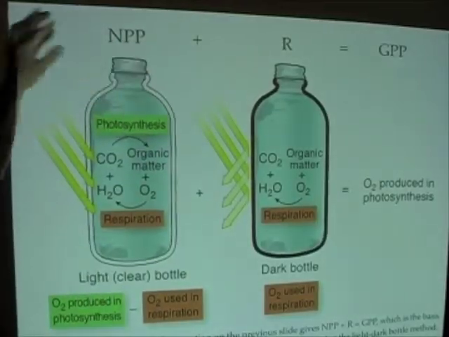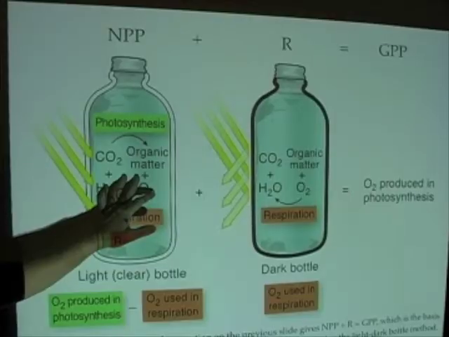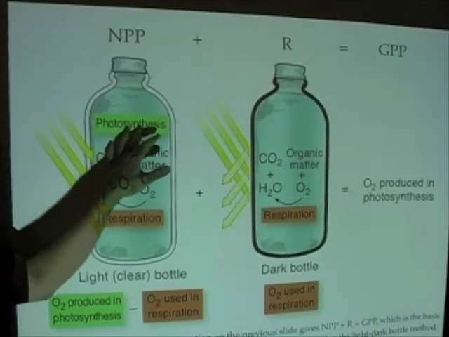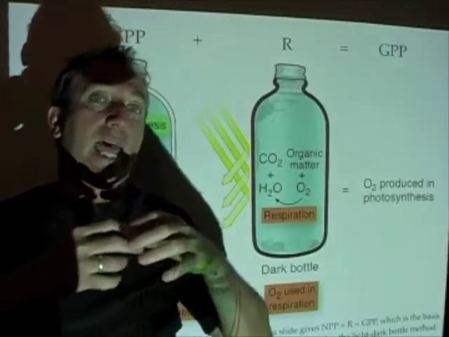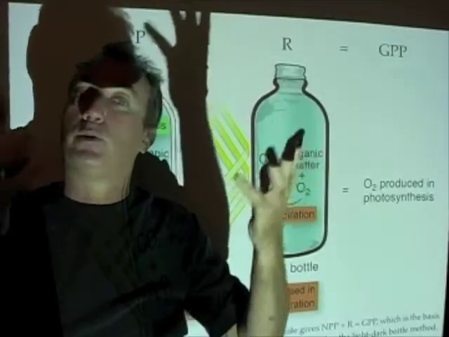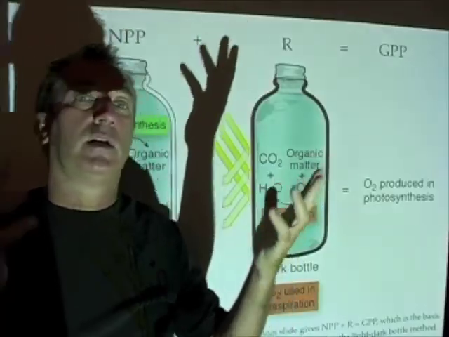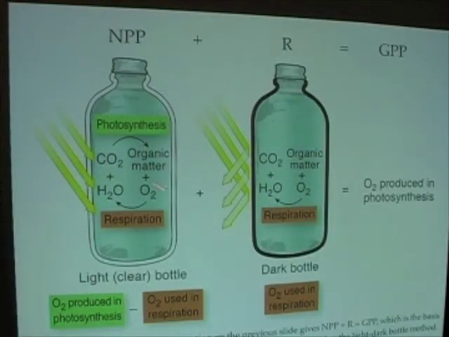Well, if we consider a clear bottle, another sample of the same water, now we're putting it in a clear bottle into which light can penetrate. What's happening in this bottle? We're getting photosynthesis, of course, because plants in the presence of light are able to produce oxygen and photosynthesize. But we haven't gotten rid of the respirers. Just like in here, they're still consuming oxygen.